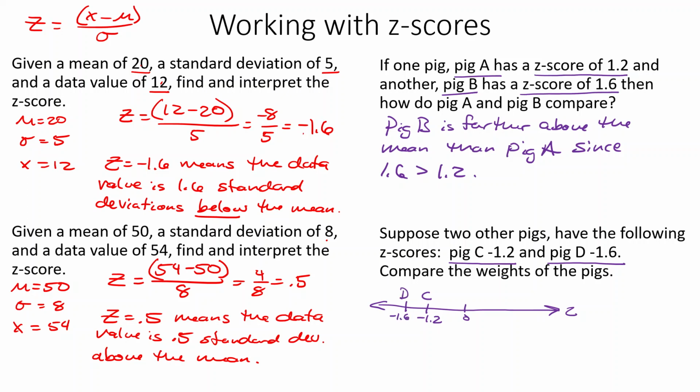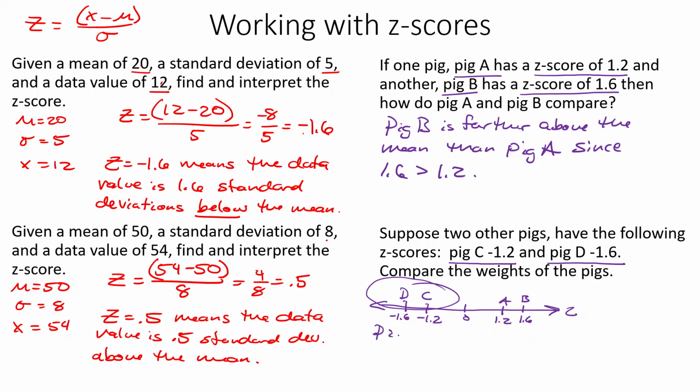If you want to think about these other two pigs, pig A and pig B, so A was at 1.2 above, and B was at 1.6 above. All right, so if we're looking specifically at C and D, the one that's higher is C. The one that weighs less here would be pig D. All right, so bigger numbers negative, or farther down negative, means it's farther below the mean.